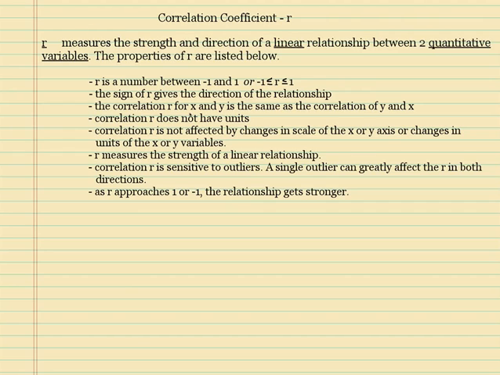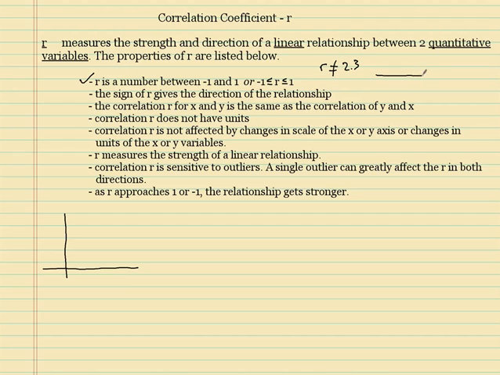They're very, very important. Let's talk about the first property here, which is R is between -1 and 1. Okay, and what that basically means is that R cannot be 2.3.